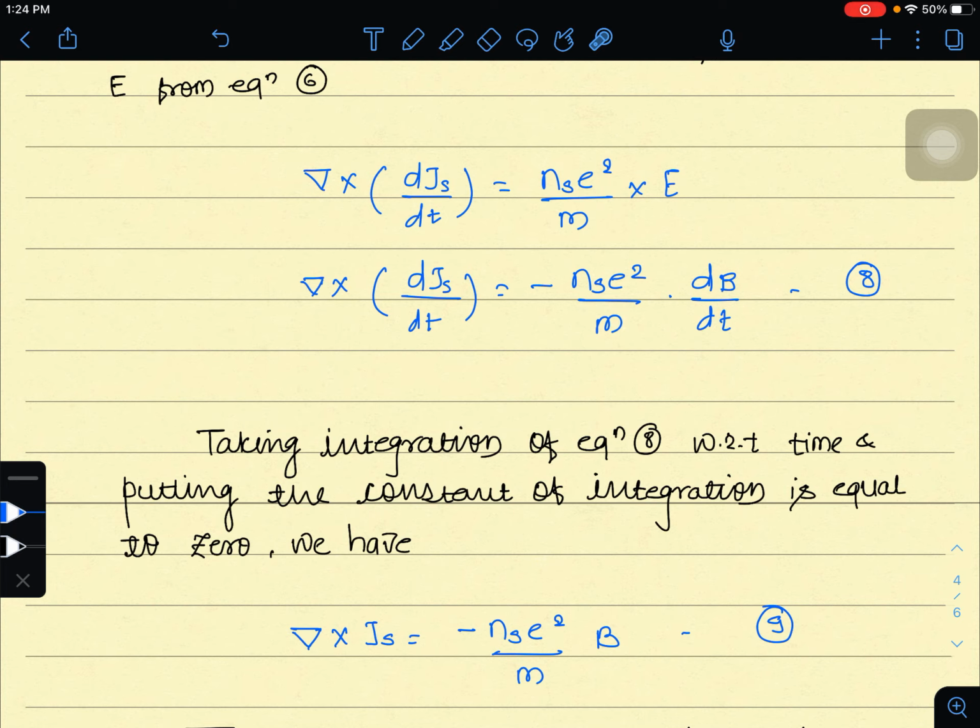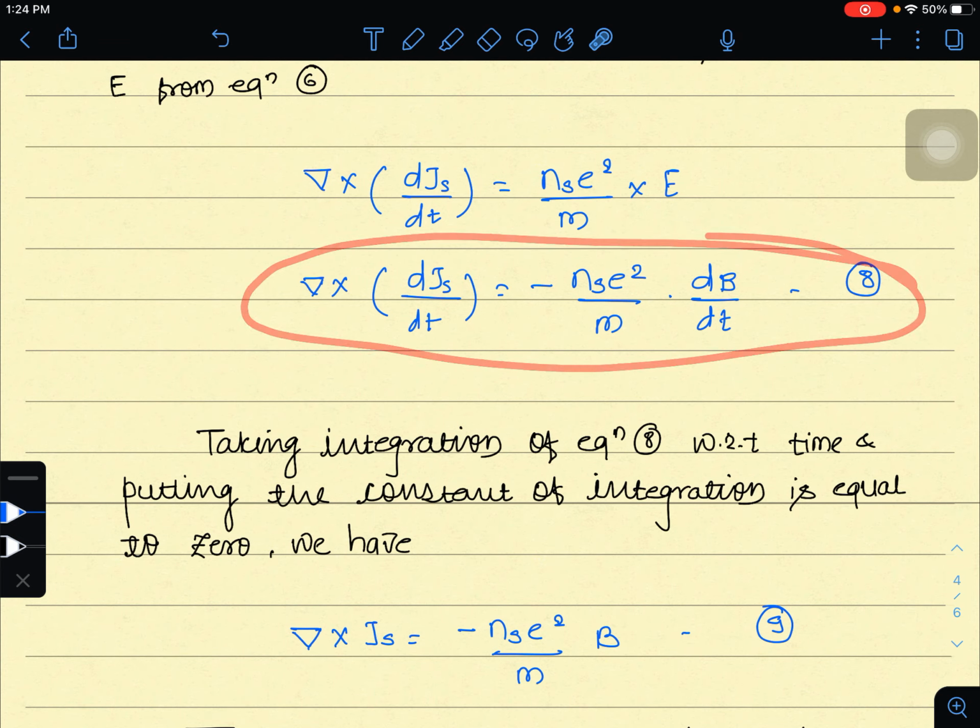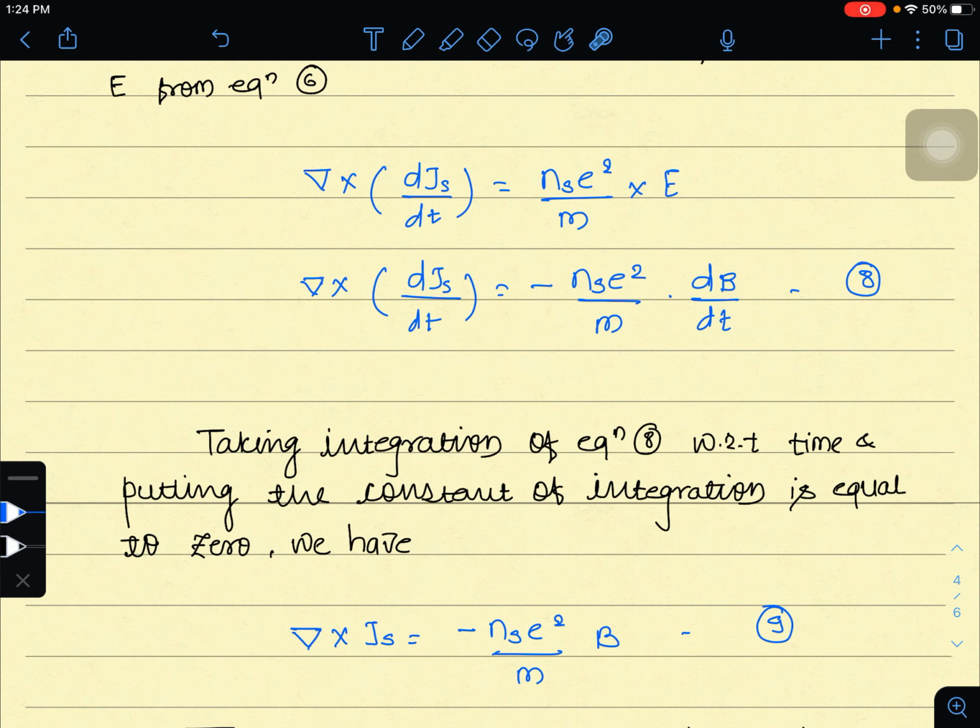After that, we integrate this equation with respect to time.